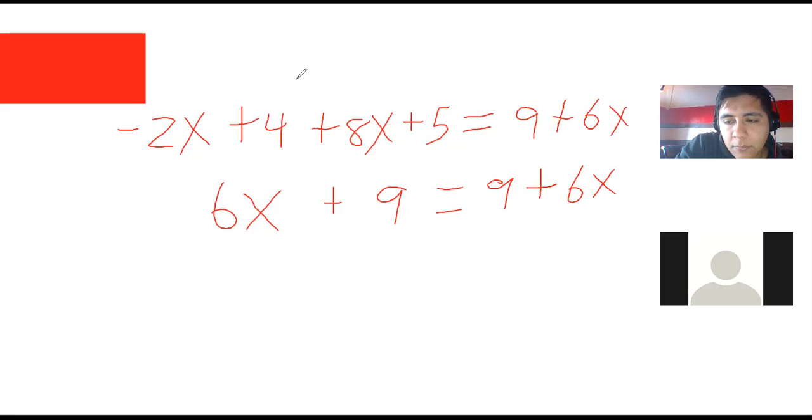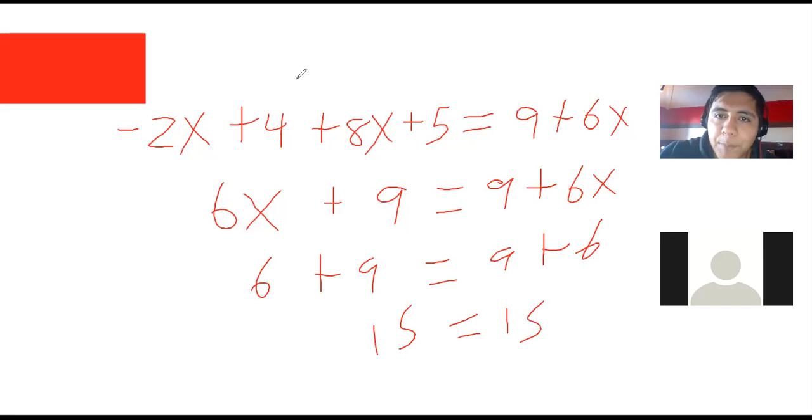Is it a no solution? No, because in this case, no matter what we put in, so let's say I'm going to plug in 1, right? Then that would be 6 plus 9 on both sides, 9 plus 6, which would equal 15 on both sides, which is true, right?